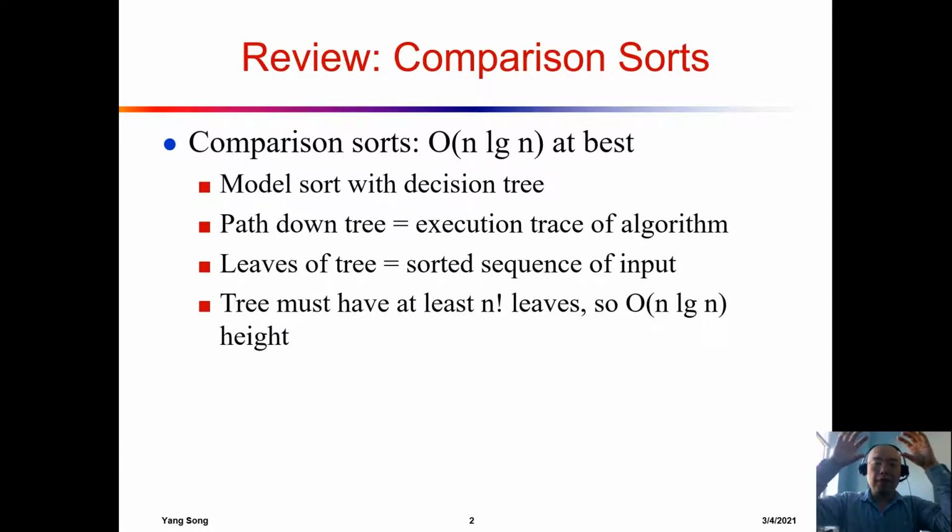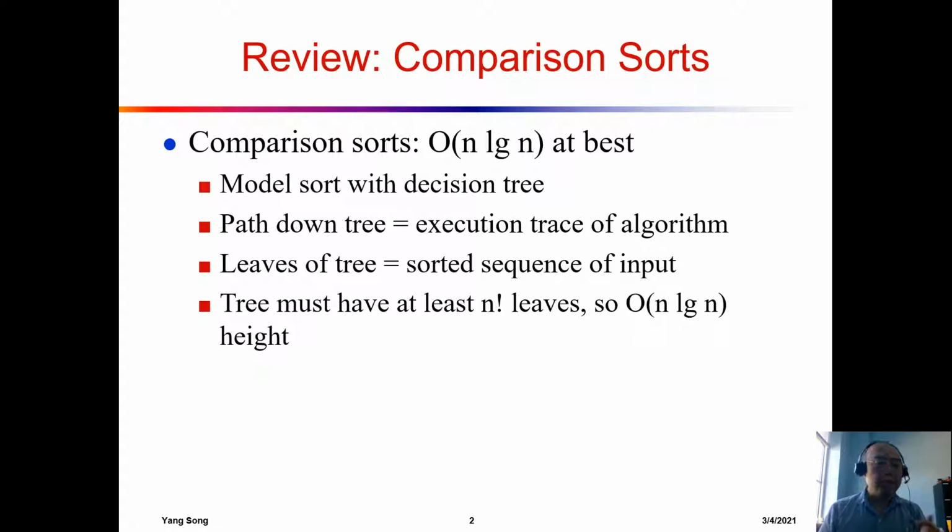From the very beginning we do one comparison, and then depending on whether it is greater or smaller, we move on and do another comparison. We do one comparison, move down, another comparison, and eventually, what are the leaves? The leaves will be the final sorted version of the list, right? So this is a tree structure for a comparison sort.